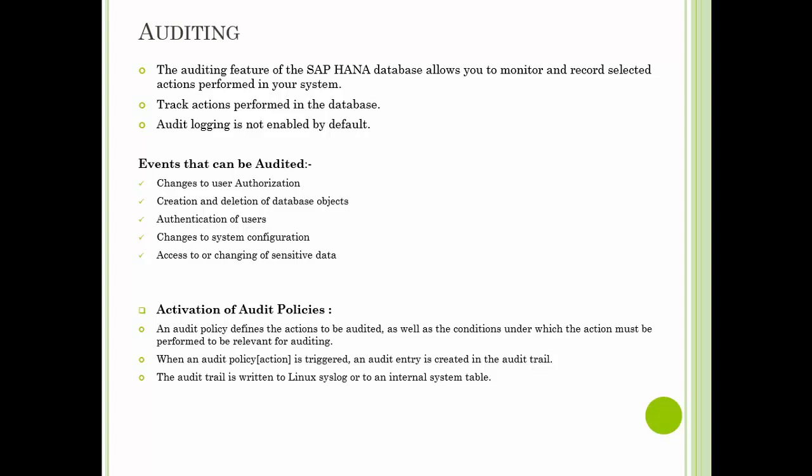And the internal database table which stores this audit trail is in the _SYS_AUDIT schema of the SAP HANA database. Audit entries are only accessible through the public system view AUDIT_LOG. Make sure this system view is used to see the audit trails. And we can do select operations on this view. For doing select operations, there are specific privileges needed like AUDIT ADMIN and AUDIT OPERATOR.